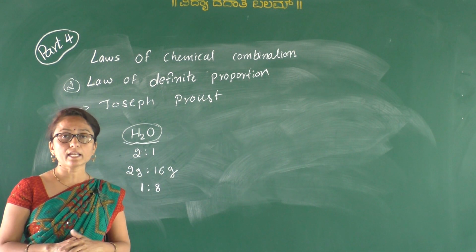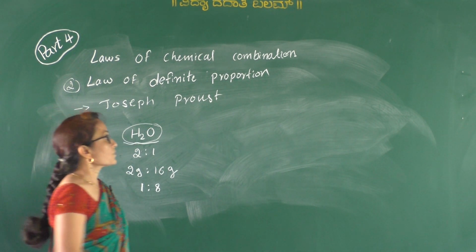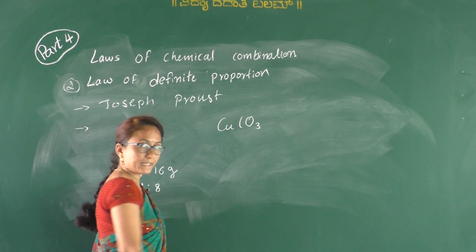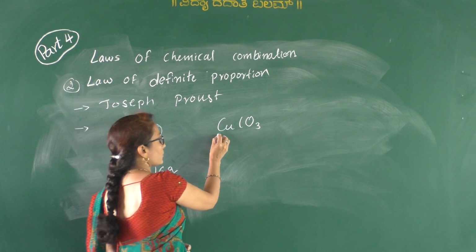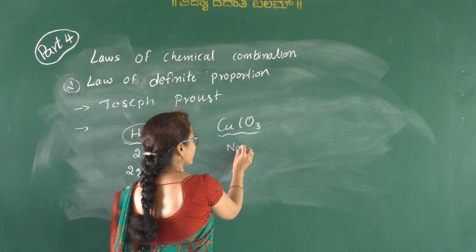Clear? You can take any other compounds, not only the water. Okay, so if you have taken copper carbonate CuCO3, copper carbonate which is obtained from the earth crust, that is natural.